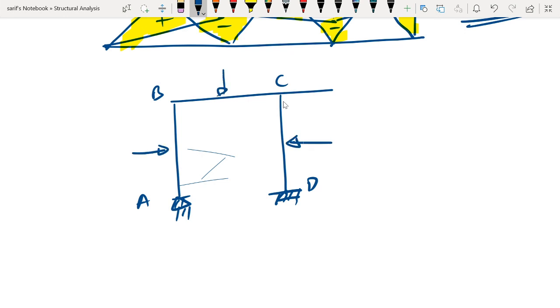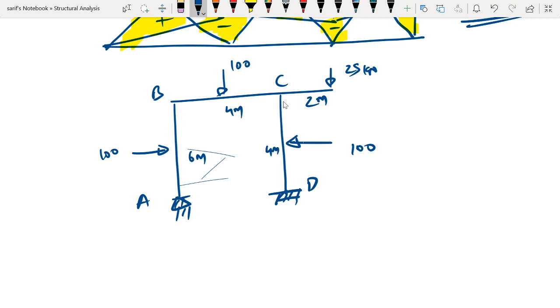However, here the portal frame is having a slight overhang. Okay, so a slight overhang is there. Now what do we do in these kind of cases?